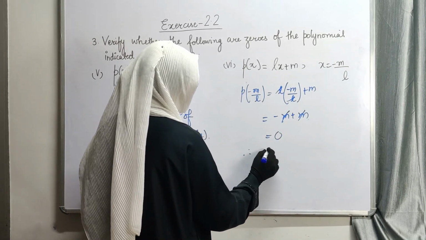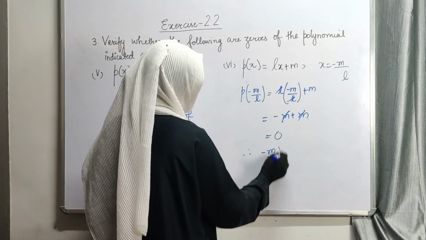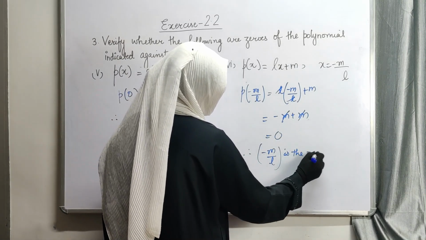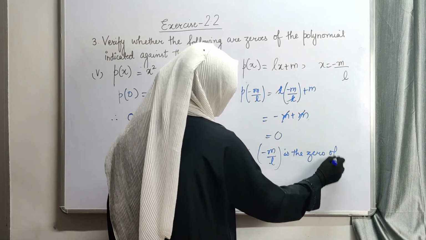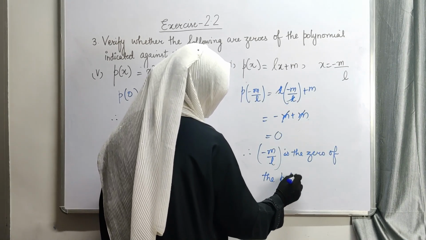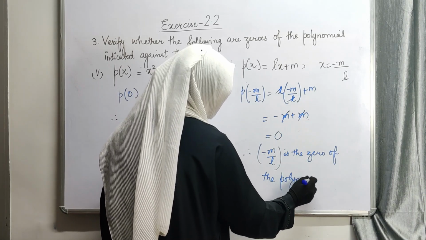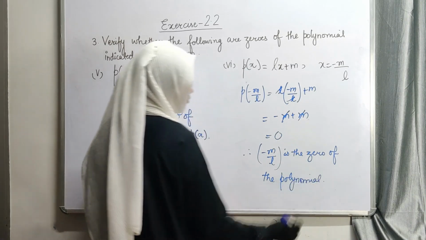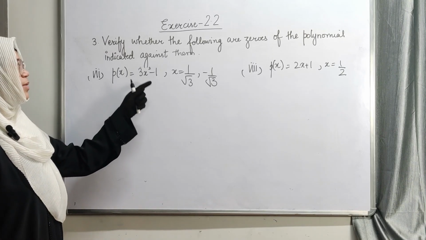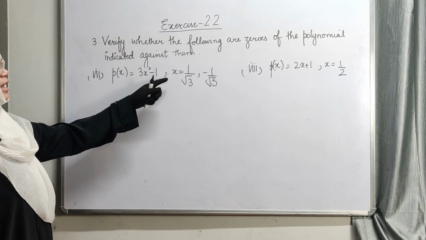Therefore, minus m upon l is the zero of the polynomial.